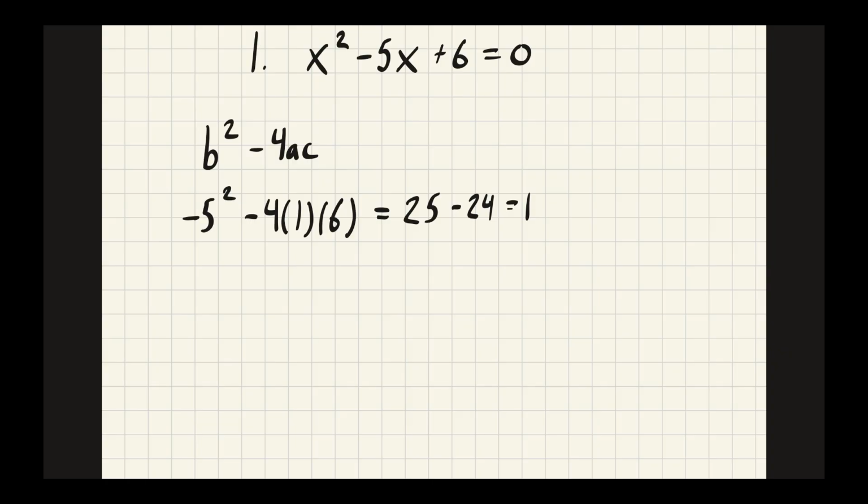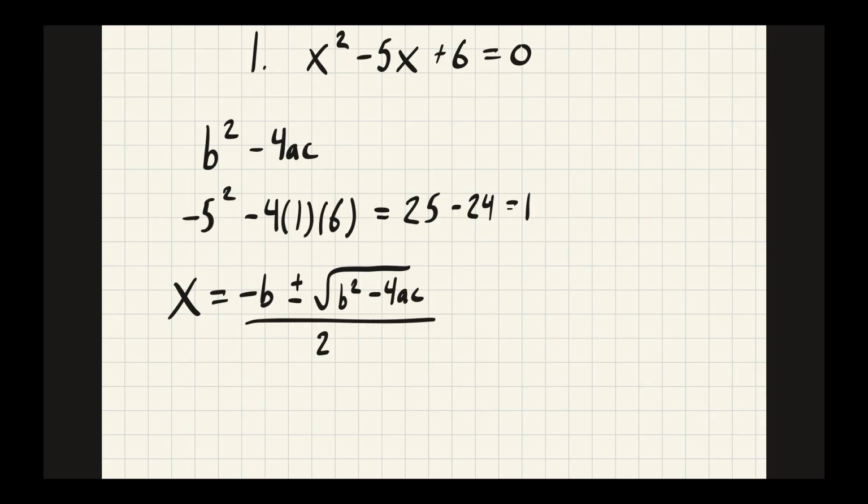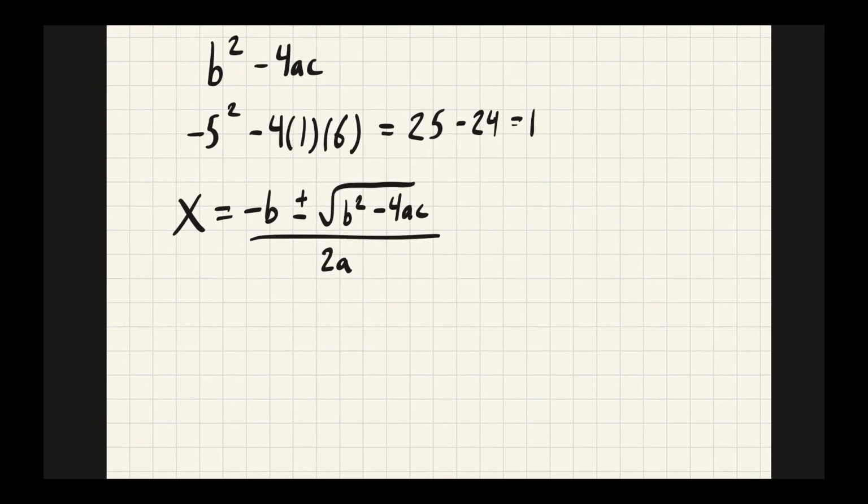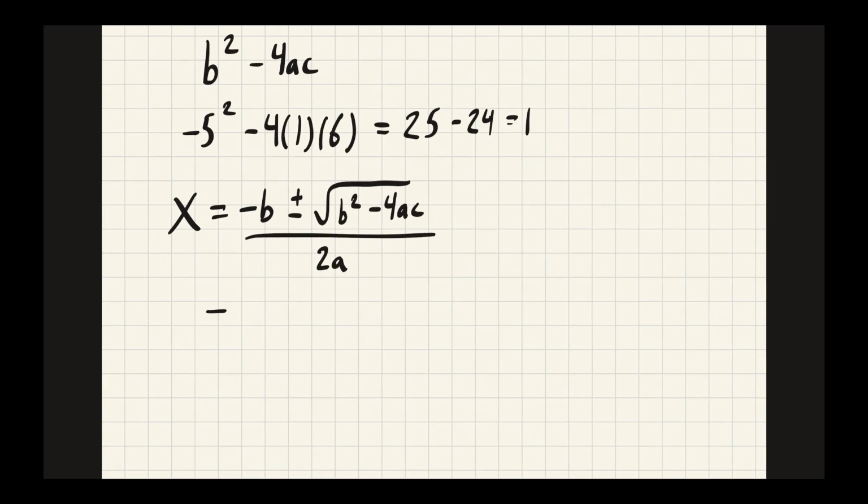So let's check that. We're going to write x equals negative b plus minus the square root of b squared minus 4ac over 2a. And then we plug in our values.